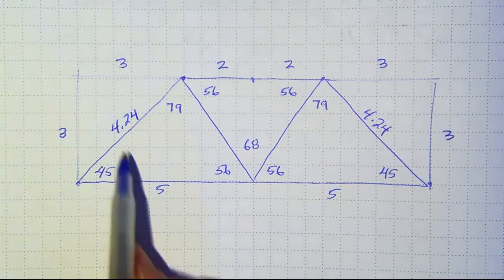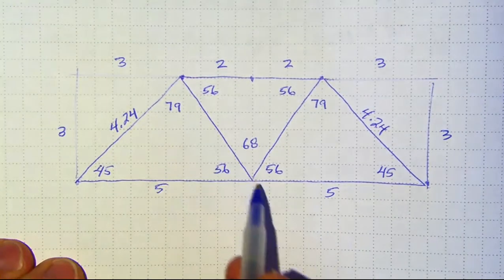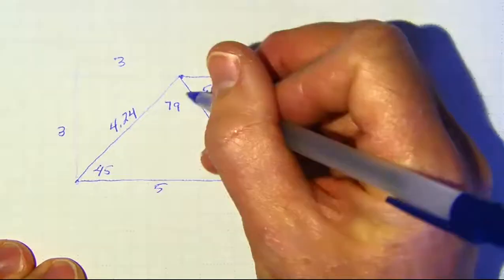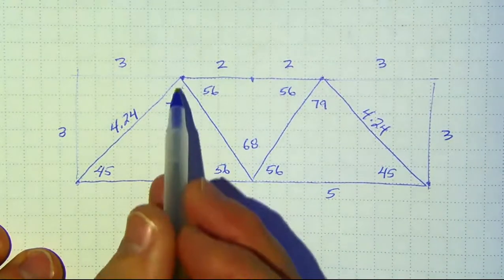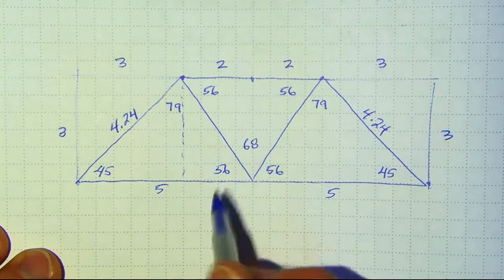So this one is 4.24. Now I need this member, and this member is also a right triangle. This right triangle that I just made with an imaginary line is a 3 by 2, so you've got a 2 and a 3.